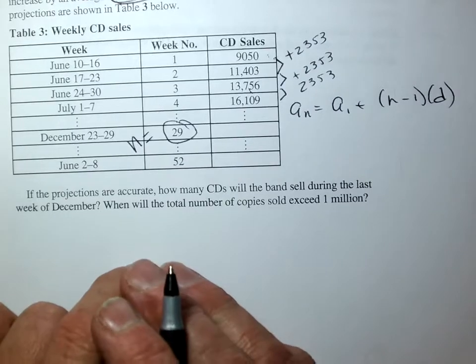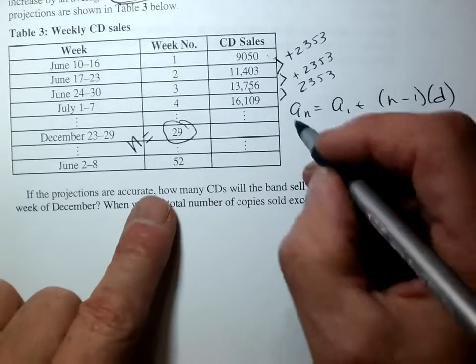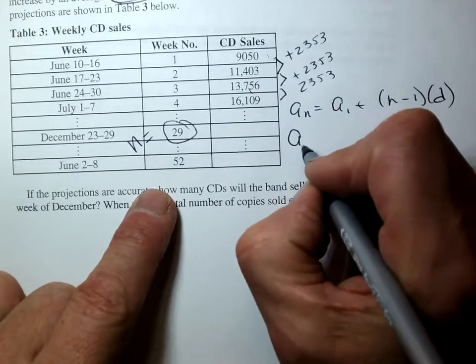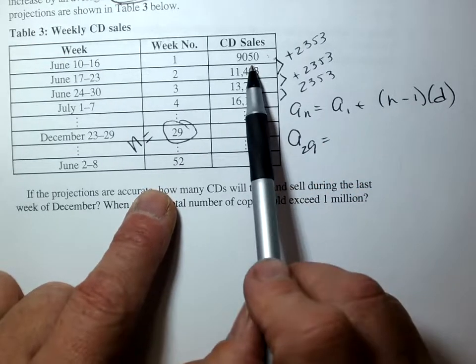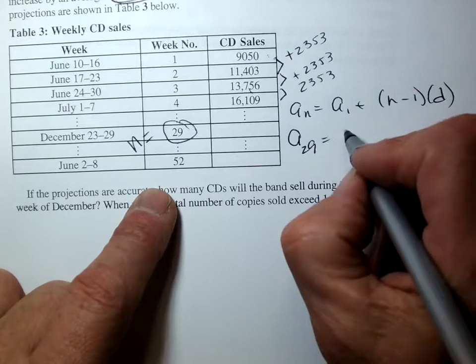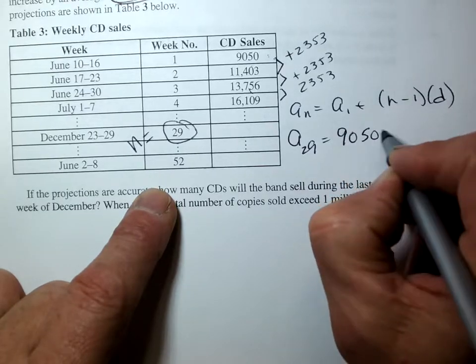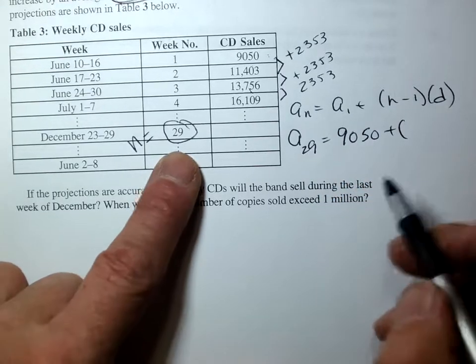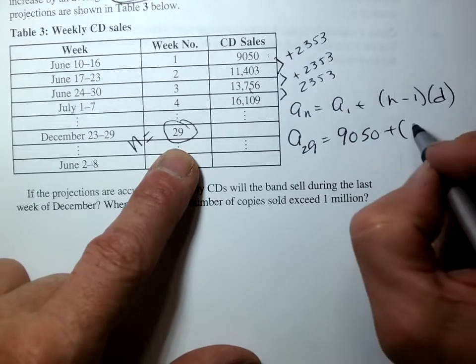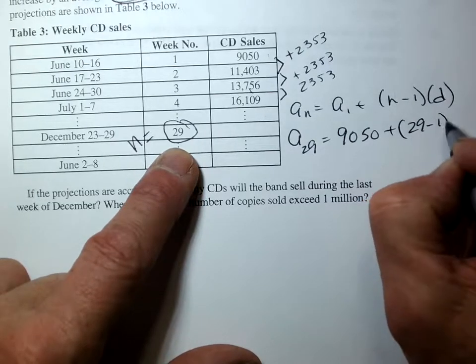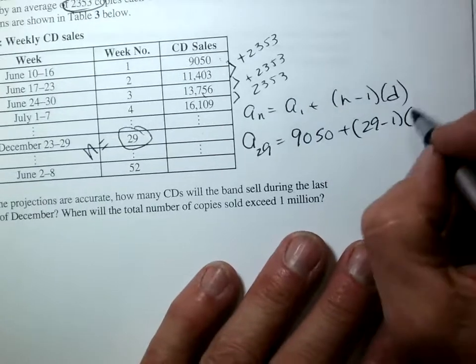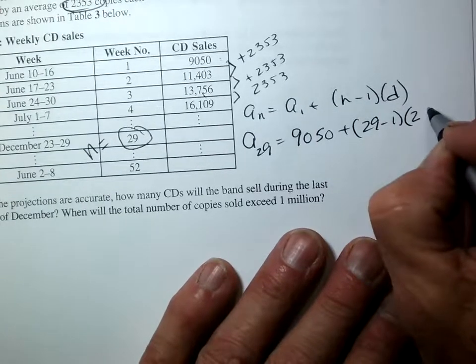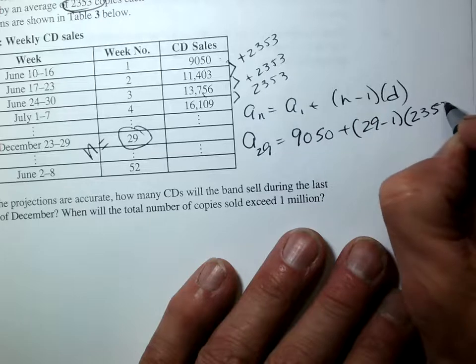So A of 29 equals our first term, which is 9,050, plus 29 minus 1 times d, and d is the difference, what we add each time. So we're just going to multiply that by 2,353.